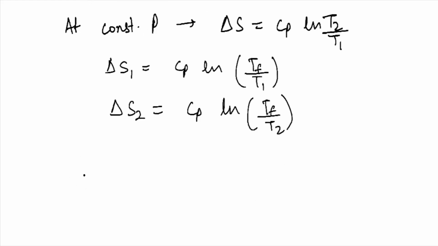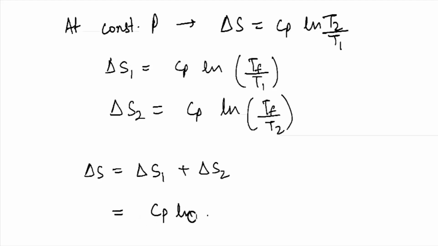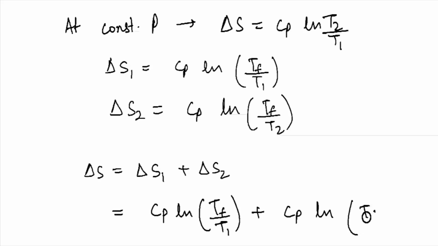Now the total change in entropy delta S is equal to delta S1 plus delta S2. So delta S1 is equal to Cp ln (Tf by T1), and delta S2 is equal to Cp ln (Tf by T2).